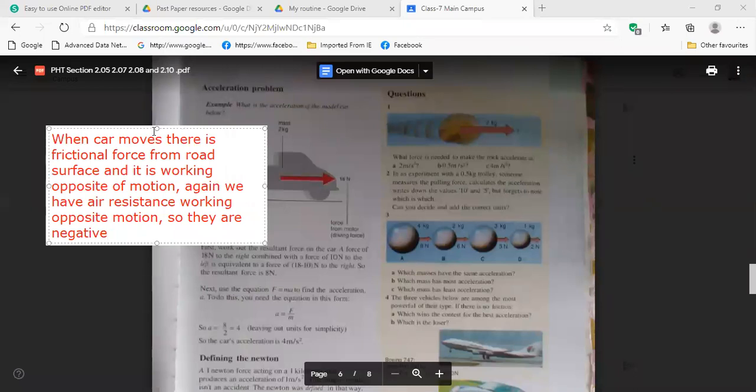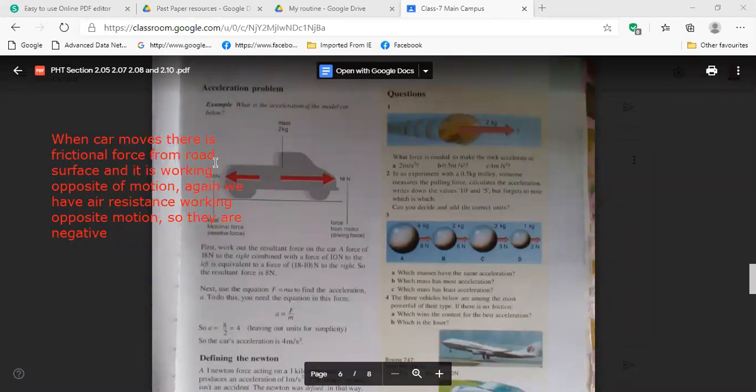So these two forces together, how much is given? 10 Newton, right? And the forward force from the car's engine, the car motor, is 18 Newton. It is positive, right?